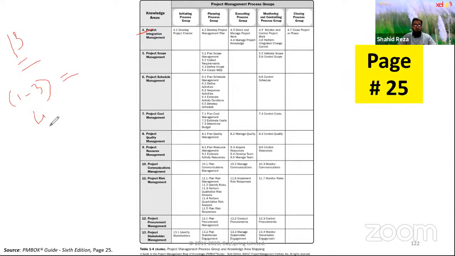From chapter 4 to 13, a total of 10 chapters discuss the 10 knowledge areas. So these are the knowledge areas and also the chapter names, each chapter focusing on one knowledge area. That's why it starts with number 4.